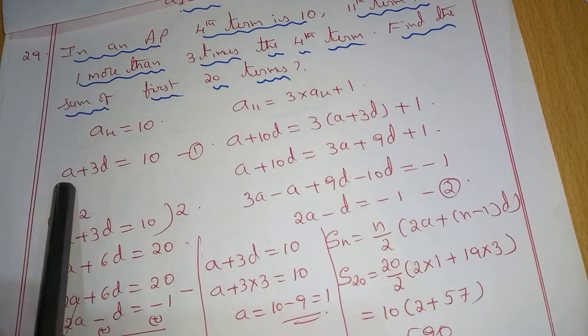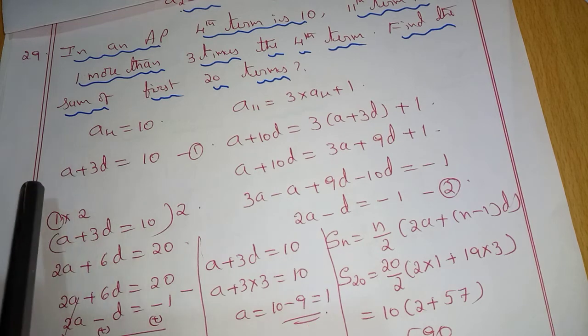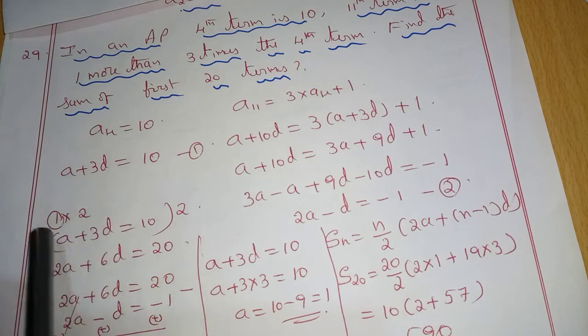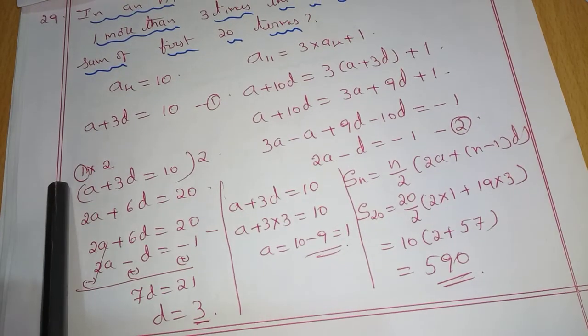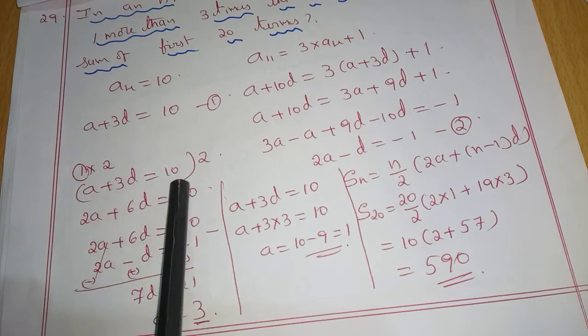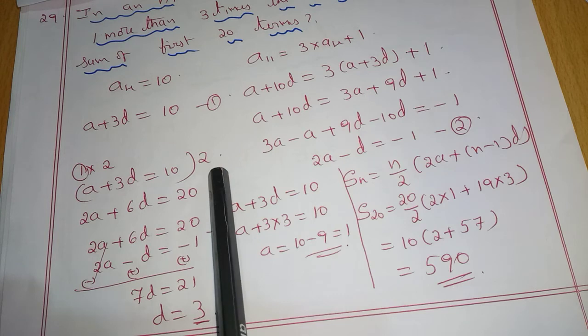Since equation 1 has only one A, equation 2 has 2A, coefficient is 2 here, coefficient is 1 here. To make it 2, throughout the equation we should multiply by 2. Equation 1 into 2. Write first equation as it is, so put it inside bracket and write 2 outside. A plus 3D is equal to 10 into 2.